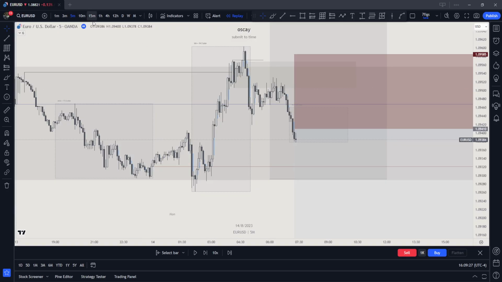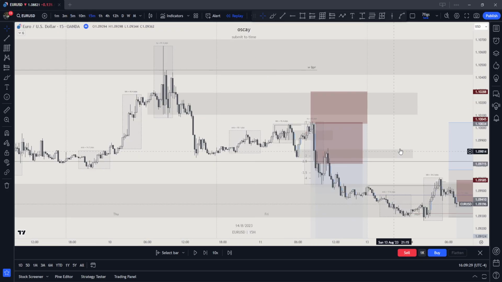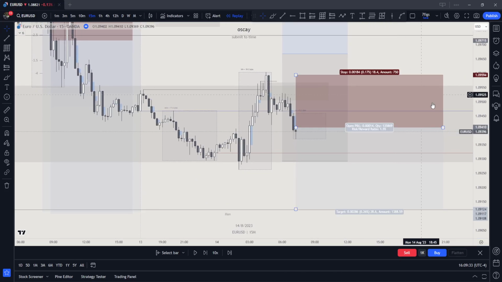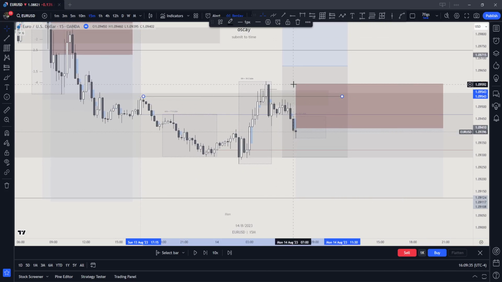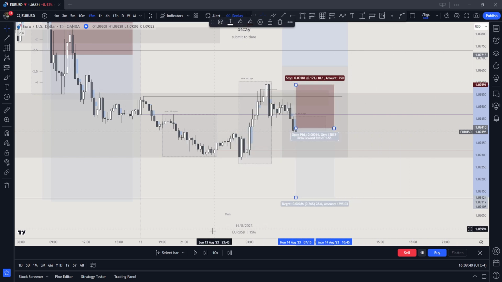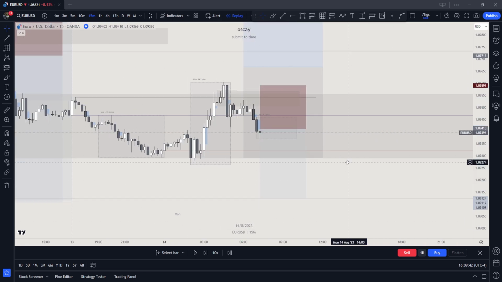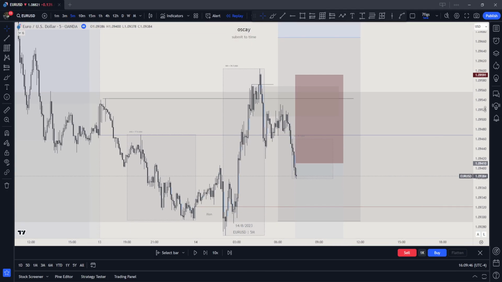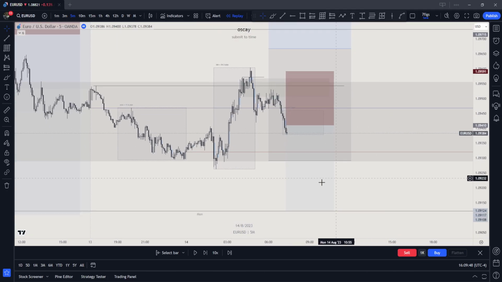Like, we shouldn't come back up, truly. I'll put my stop like this, above this range. I'll put my stop here. Why? Because I'd rather get the RR than get potentially stopped out and then re-enter. Like, it can go back up, sweep, and then go down, but it doesn't make sense.